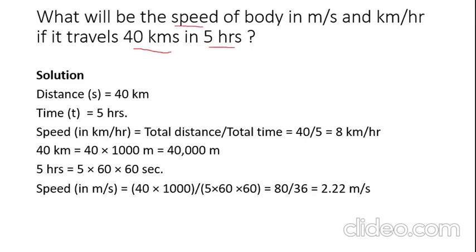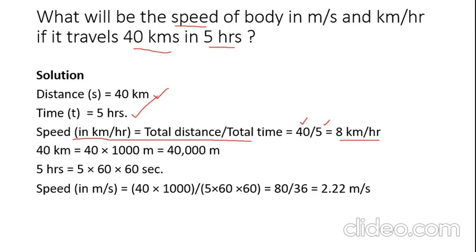What is the speed? This is your question. And what is the formula? We know it already. Speed equal to distance by time. Distance is 40, time is 5, and 40 divided by 5 is 8 kilometer per hour.